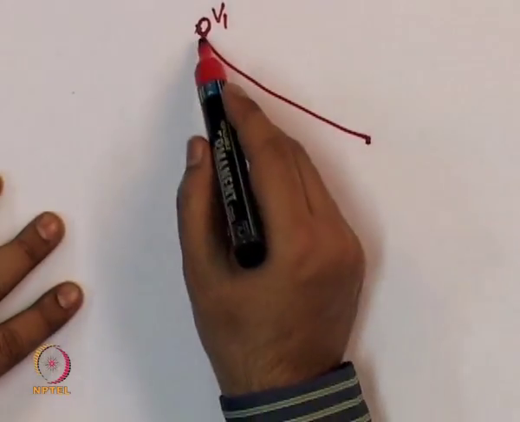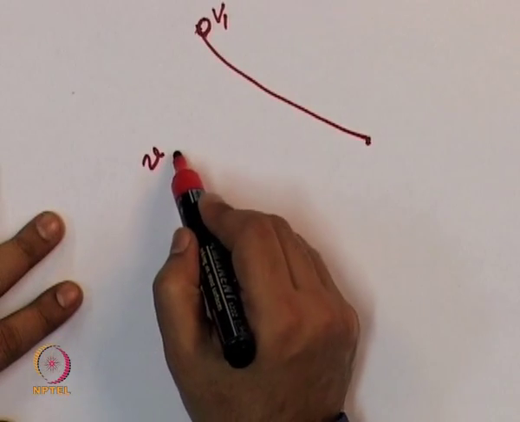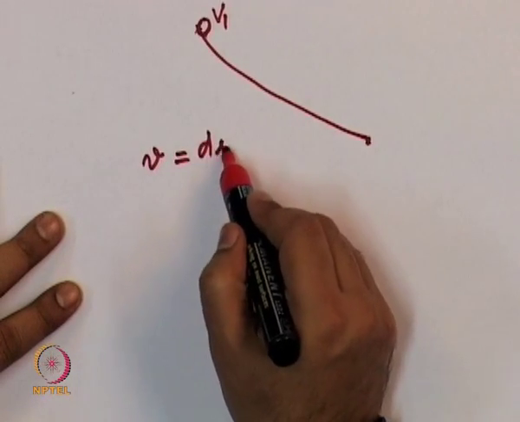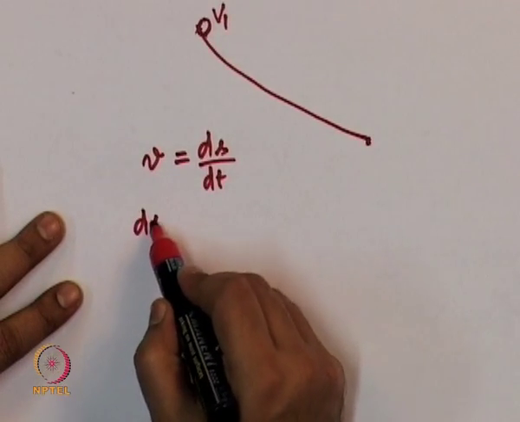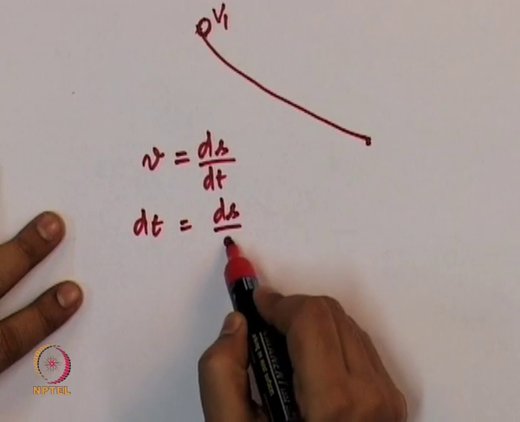So, we know that at every point it will have some velocity, let us say that velocity is ds by dt. So, I want to know the shortest time. So, dt is nothing but ds by v.